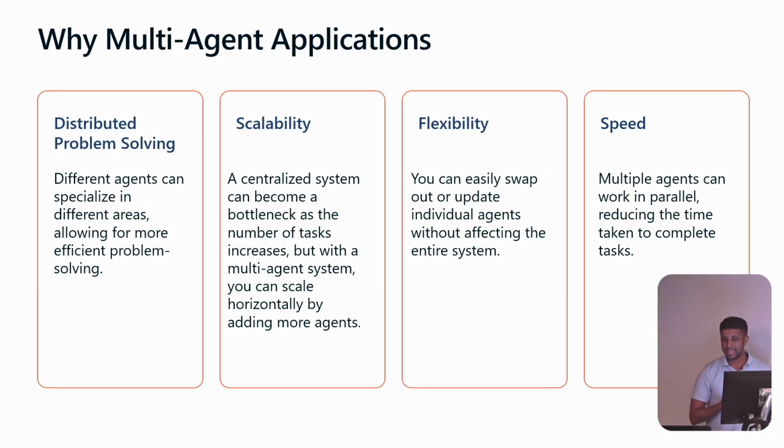They can work together to achieve a common goal, and this is particularly useful when you have a complex task, right? You're not dealing with one agent which overloads the agent. You're dealing with multiple agents to solve that complex task, which can collaborate together and complete the task. As an example, you can think about a travel planning application.